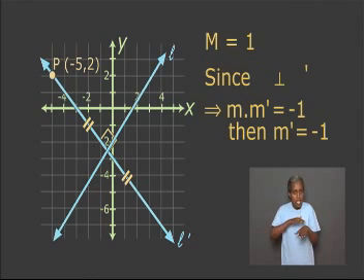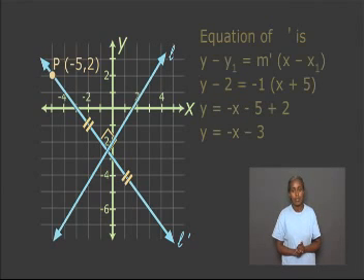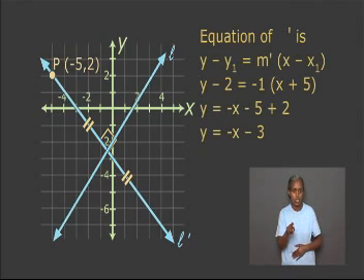Therefore, the slope of the line through point P and perpendicular to the axis is -1. L prime's equation is given by (y minus 2) over (x plus 5) equals -1. Thus, y equals -x minus 3.